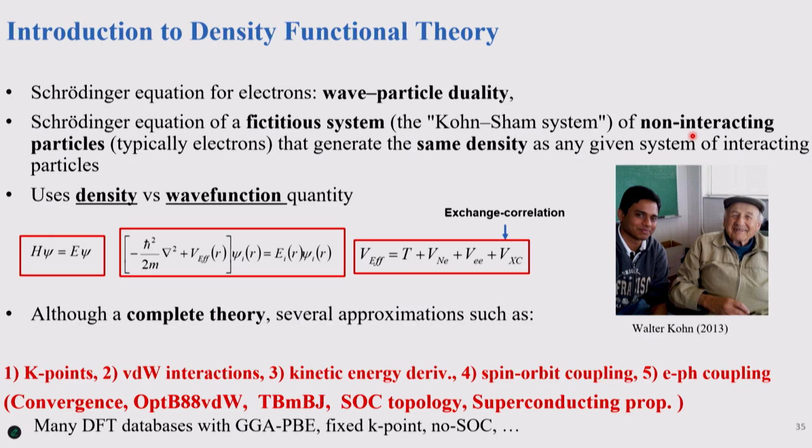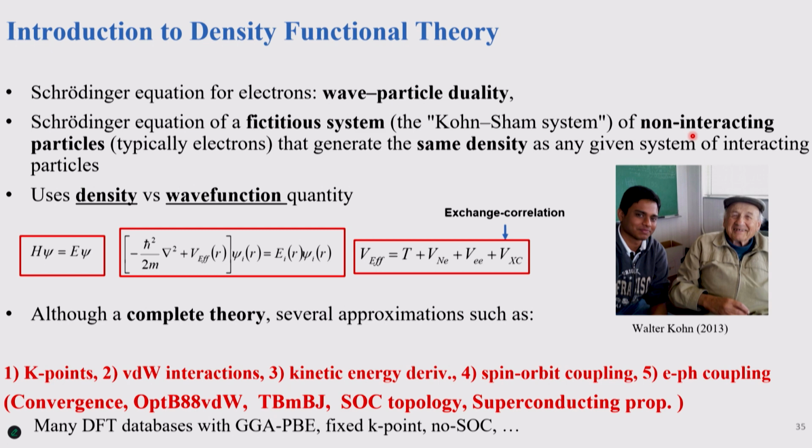So we assume that there is a constant field, and each electron is seeing that field. So effectively we do only a one-particle problem. That's what this fictitious Kohn-Sham system does, and it uses density, psi squared, instead of the wave function.